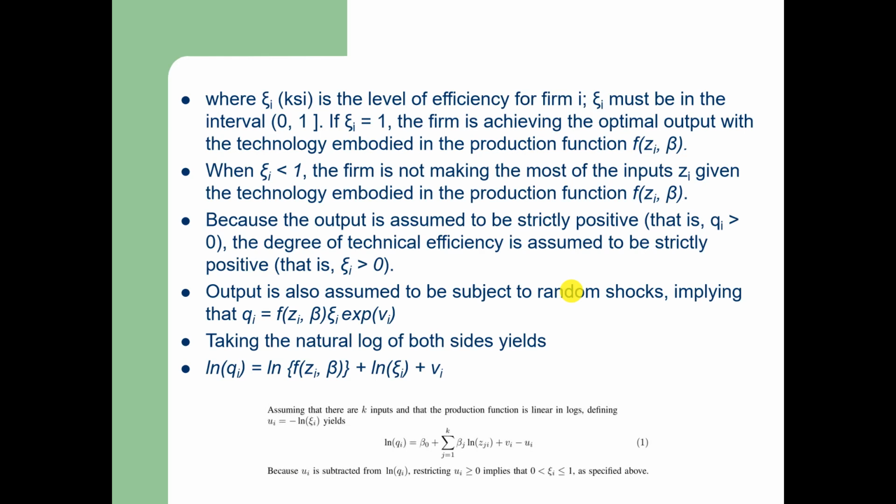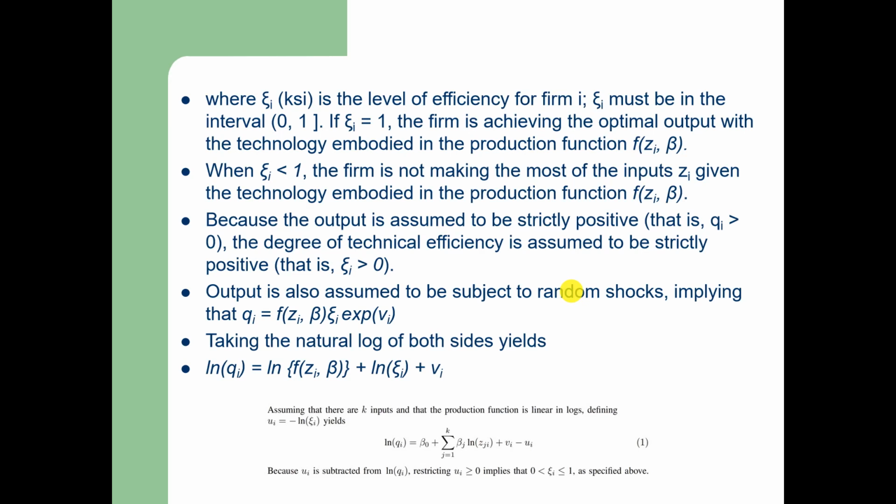If we assume that there are k inputs and that the production function is linear in logs, it defines ui equal to minus natural log of psi i, and that yields the following stochastic frontier production function, which is given by natural log of qi equal to beta naught plus summation j varies from 1 to k beta j natural log of zji plus vi minus ui.